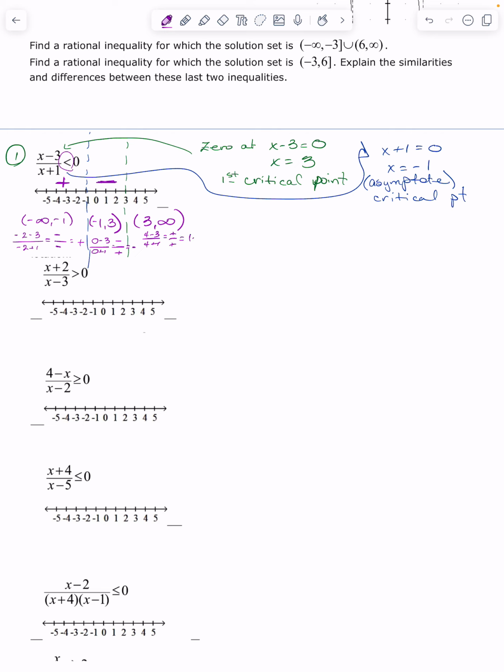Positive divided by a positive gives me a positive value. So I'm looking for where the y values are less than 0. The only place that happens is between −1 and 3. So my solution set is the interval (−1, 3).